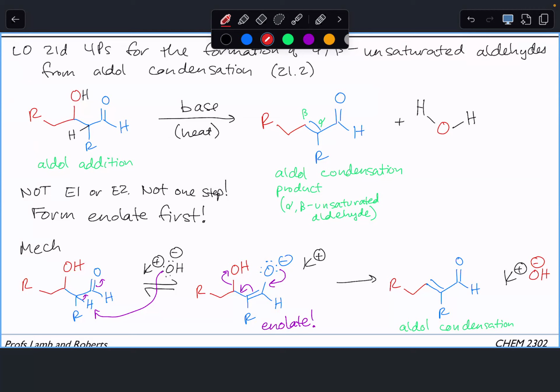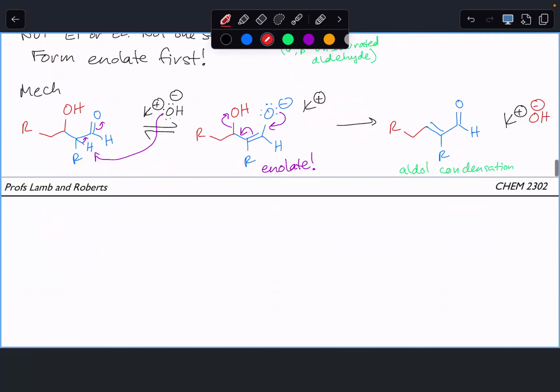So normally when we have to eliminate out OH minus, it takes a while and you have to push it and heat it quite a bit. Though in this case, it's actually much easier than in other cases. So why does this happen? It's because we are forming that conjugated system.